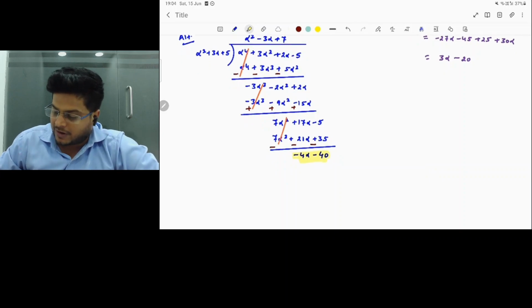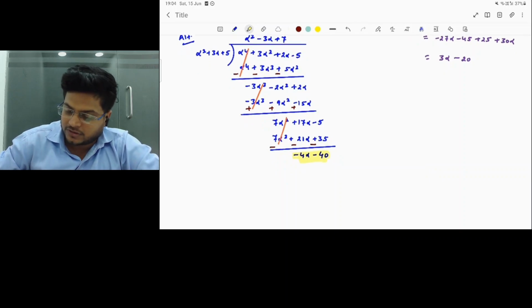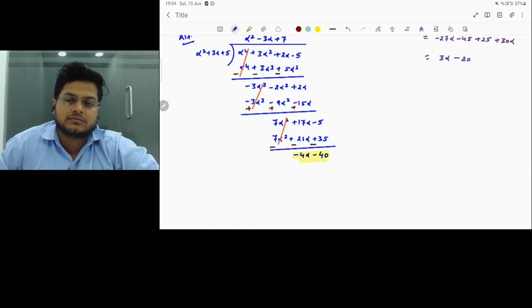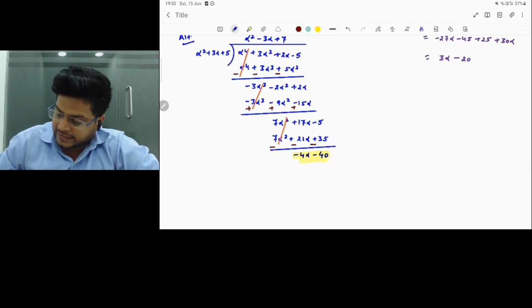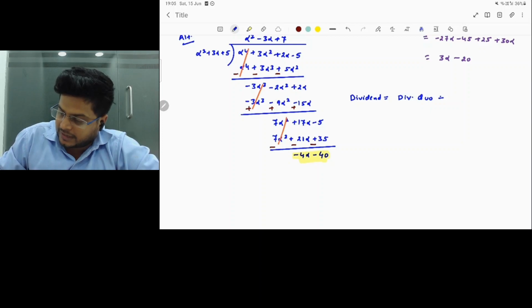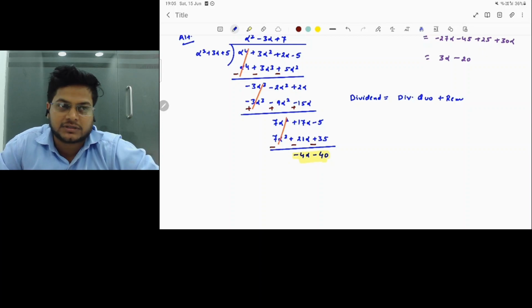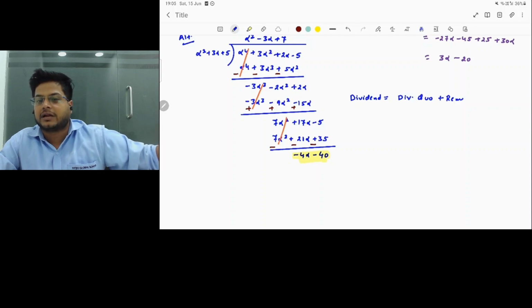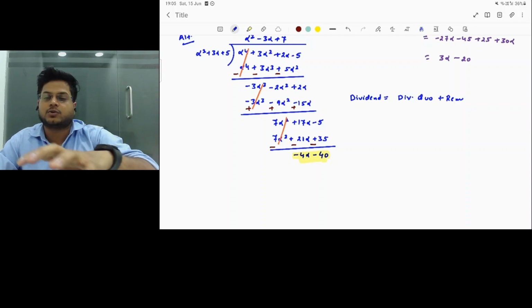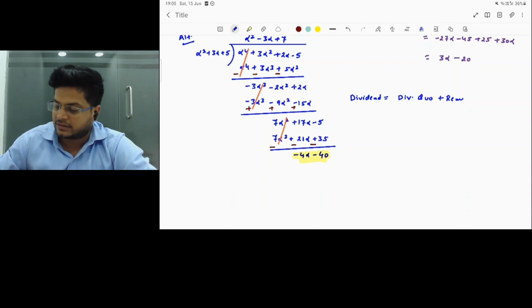Okay. Now how to conclude that this is the answer? So in childhood you would have learned that dividend equals divisor into quotient plus remainder, isn't it? Even in your 9th standard and 10th standard polynomials you would have learned this, that a given polynomial can be written as divisor into quotient plus remainder, isn't it?